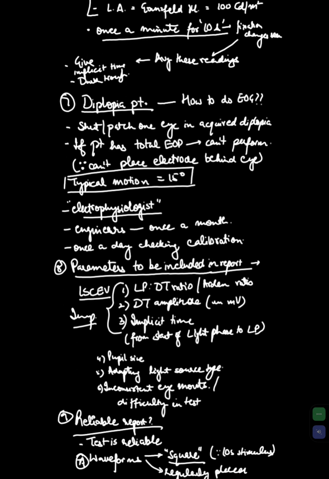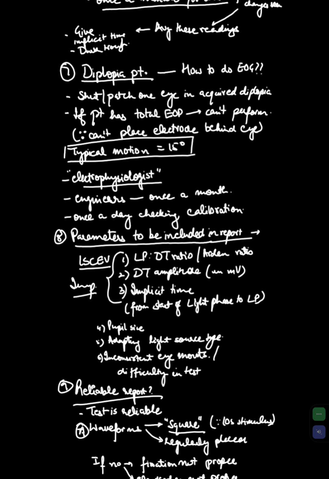What are the parameters to be included in the report? According to ISCEV, there should be the LP, light peak to dark trough ratio, or the Arden ratio, in the report.